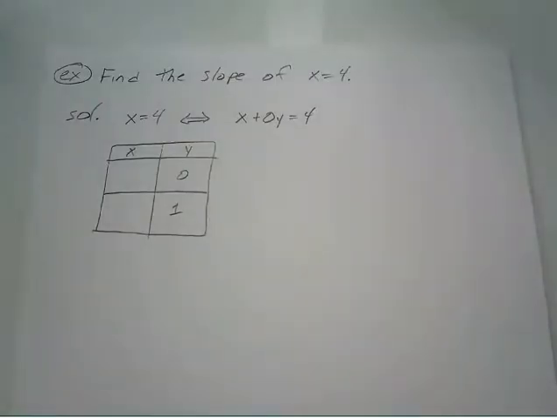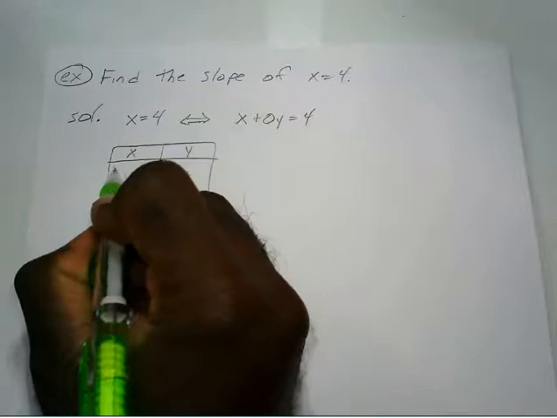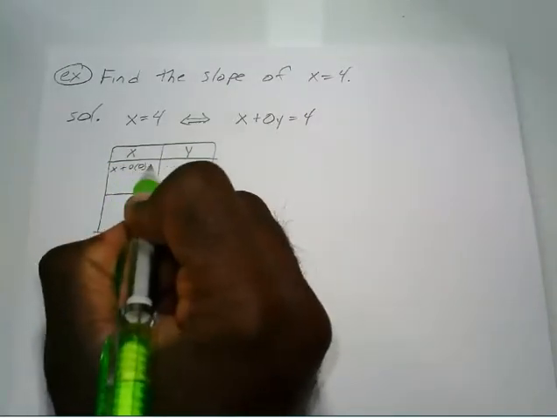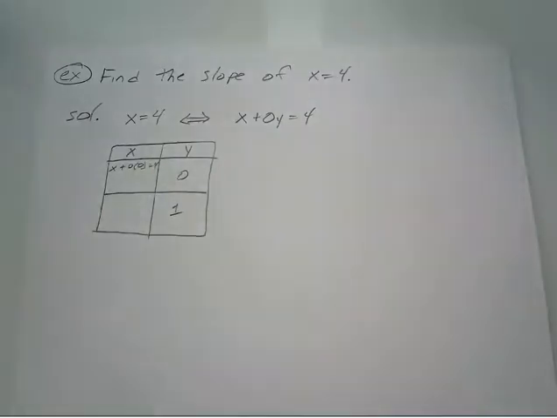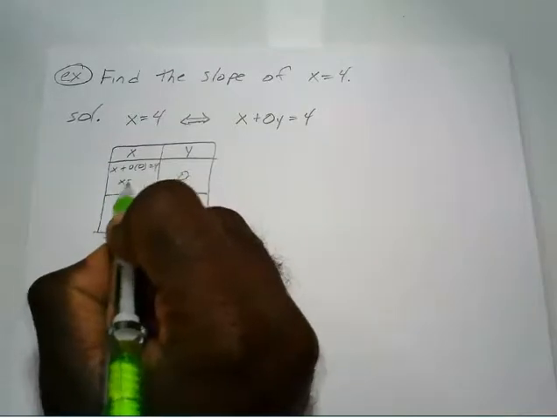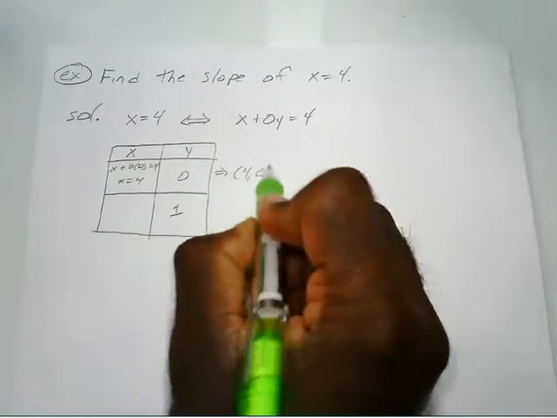Could have picked any two values, but we're just going to pick those. So when y is equal to 0, you have x plus 0 times 0 equals 4. All we did was make y equals 0. 0 times 0 is 0, so that leaves us with x equals 4, which gives us the ordered pair of 4, 0.